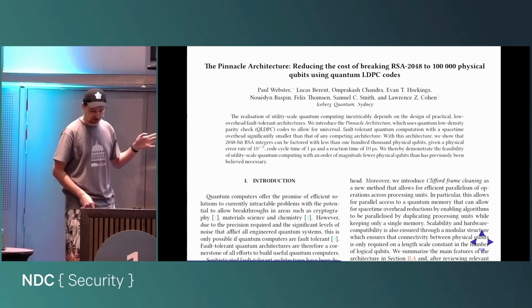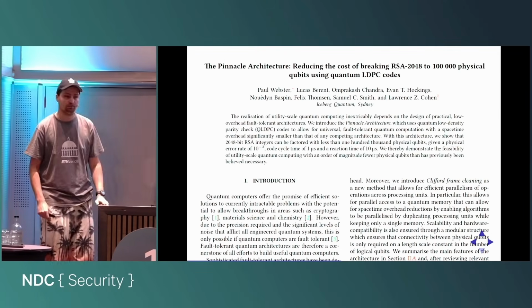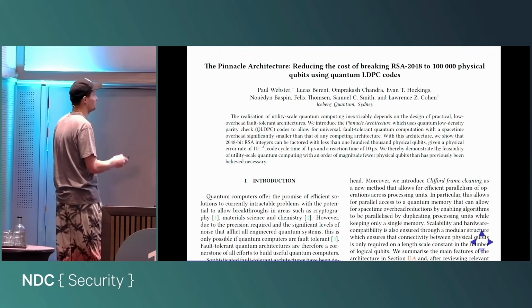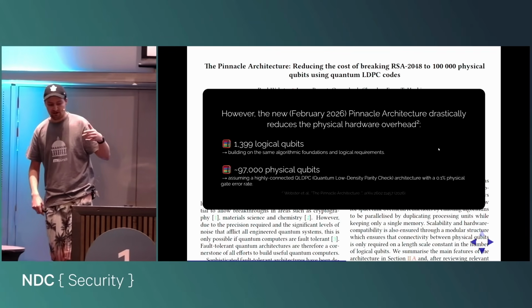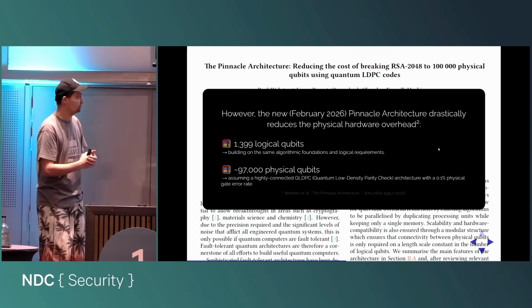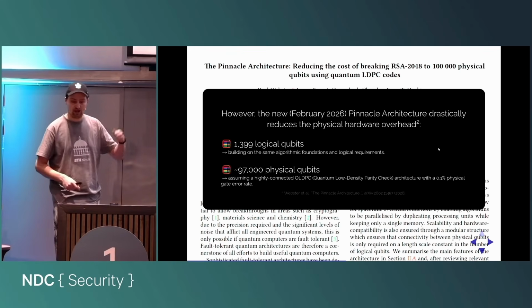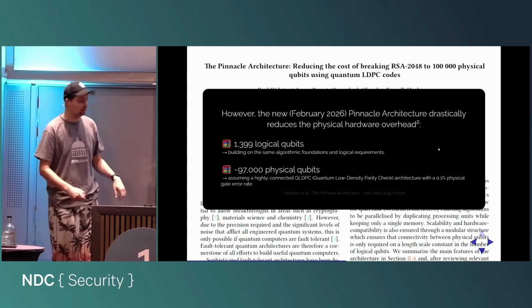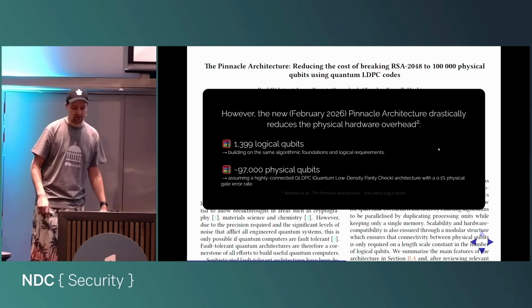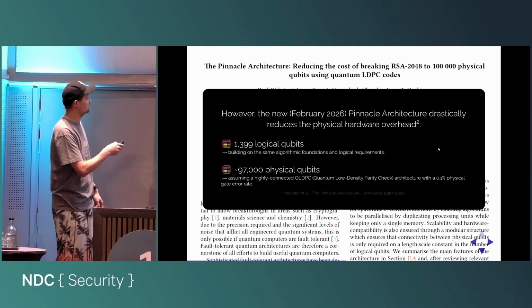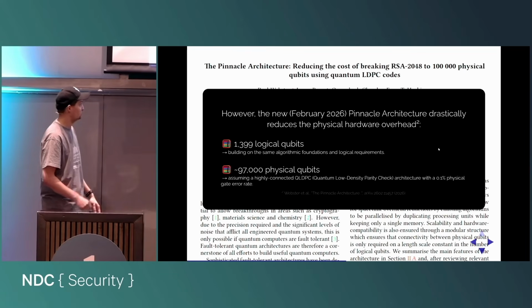About 3 weeks ago, this paper came out from a startup in Australia, Iceberg Quantum. They took the same algorithmic foundations that Craig Gidney did in his paper, the same logical requirements, but swapped the 2D surface code architecture with a more advanced one, the so-called low-density parity check architecture. On top of this, they also have what they call the pinnacle architecture, which is a slightly different way of how things are interacting with each other.